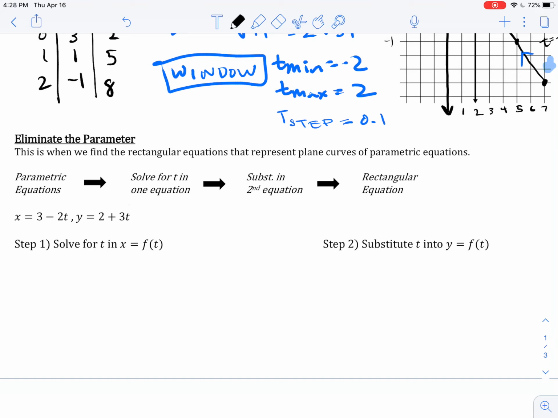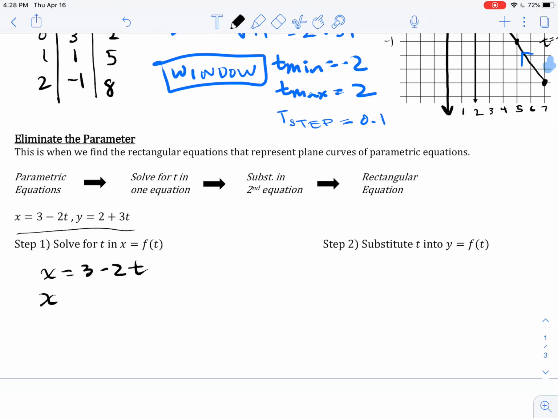So let's go ahead and try an example of that right now. So here, we're given two parametric equations. And again, it doesn't matter which one you choose, but we could just solve for t in one of them. Let's just use the x one since it's the first one there. So I'm going to say x is equal to 3 minus 2t. And just using inverse operations, we're going to solve for t.